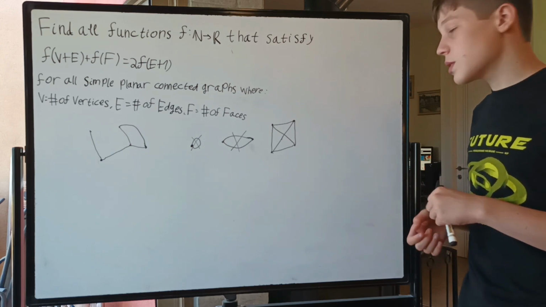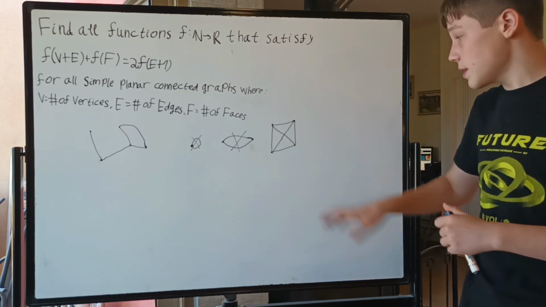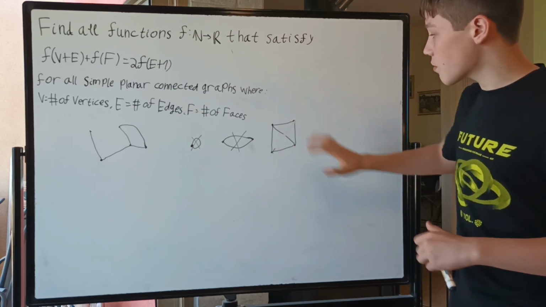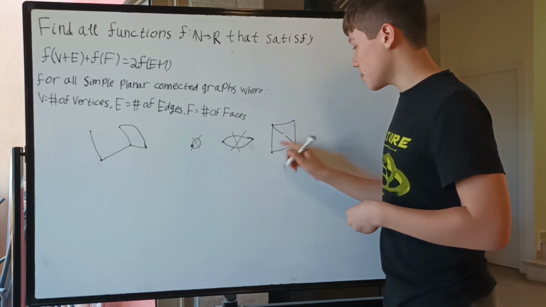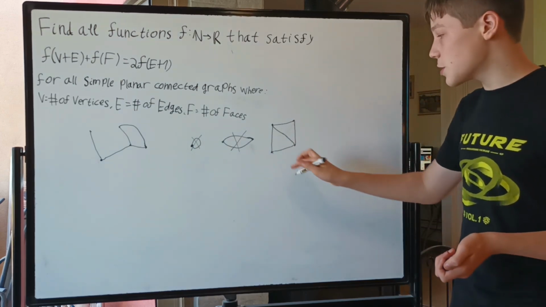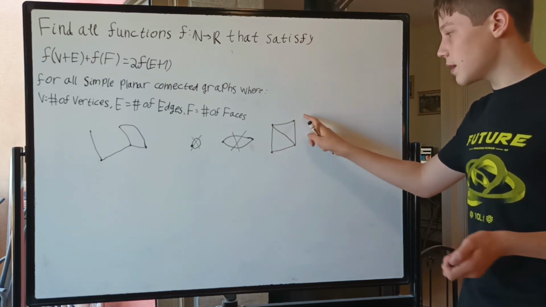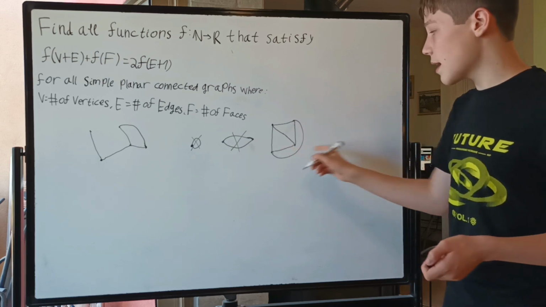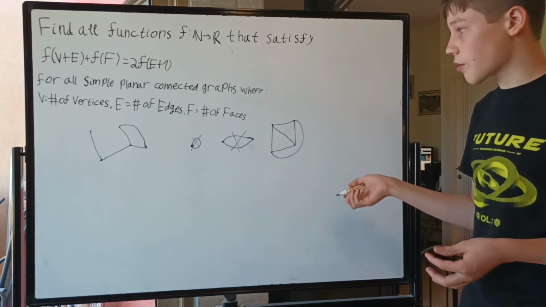However, you can modify this graph. So this is not planar, but you can modify this graph to make it planar. Let's say you want to make an edge between these 2 points. Instead of making it here, you can make it around. So this is another edge, and now this is a planar graph.